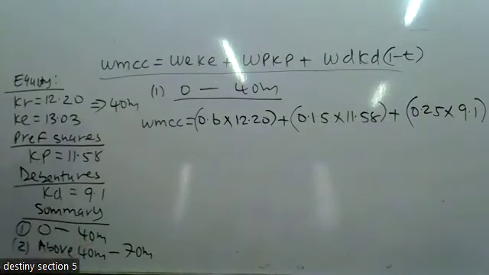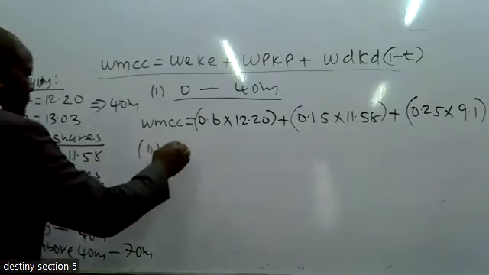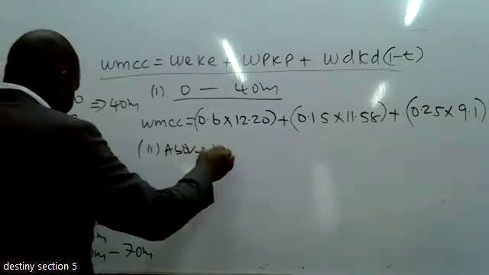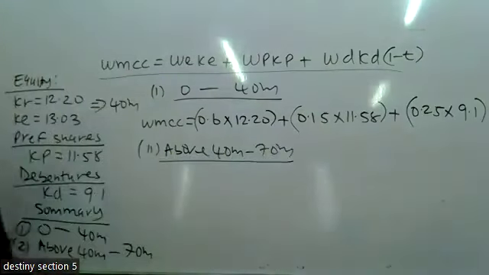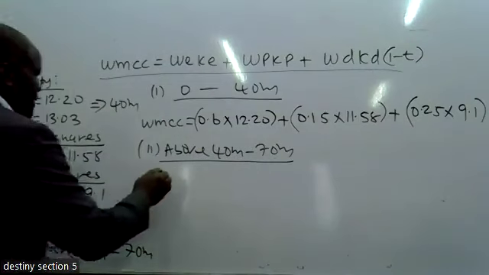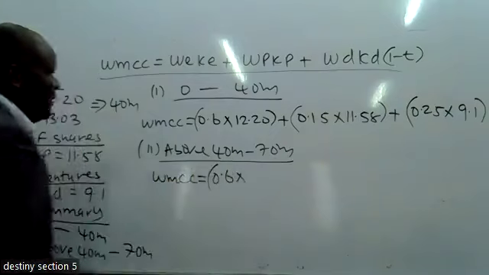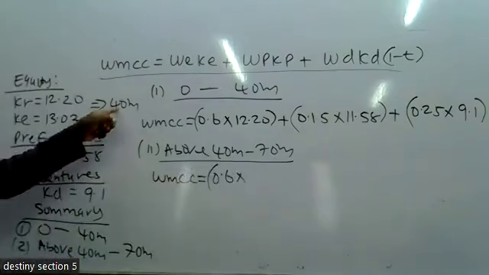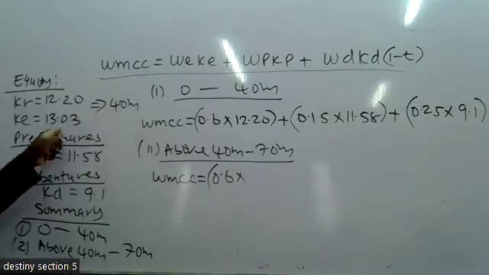So the second one is the one above, 40 million to 70. This one now. So it is still the same concept. 0.6. But now, anything to do with the above 40 million, remember to use what? The ordinary share, which is the starting point.